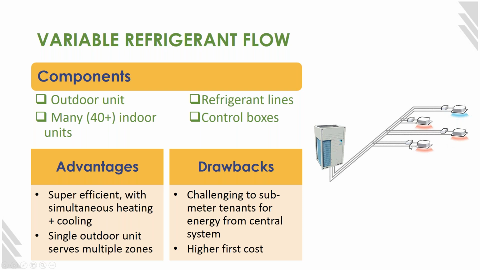There are ways to submeter based on the refrigerant movement through the system and bill for heating or cooling usage, but that's just an extra step. And there are billing services to do that, but it introduces complication. And VRF systems tend to be higher first cost than either a ductless mini split that's done unit by unit or any of the package systems. These tend to be one of the highest first cost systems.